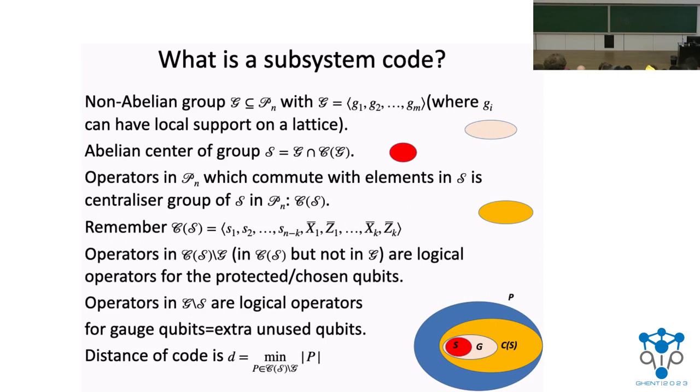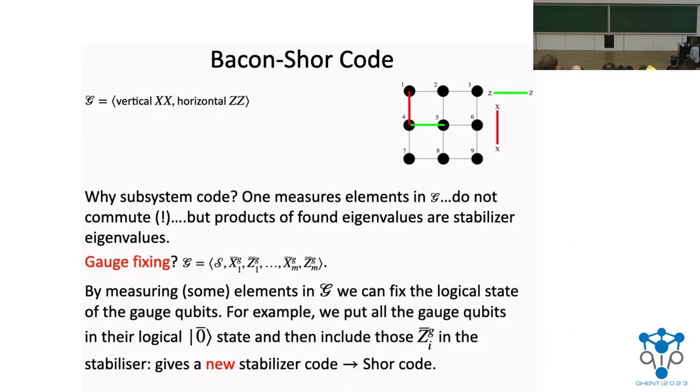I may not find it. I would like to measure the stabilizers of S, which maybe have weight 6 or something higher, by measuring these weight 2 checks and then combining them to get these elements. The distance of the code is the minimum weight of stuff that's out here. It shouldn't be in G, it should be in there. Okay? So now an example of this code is the Bacon-Shor code.